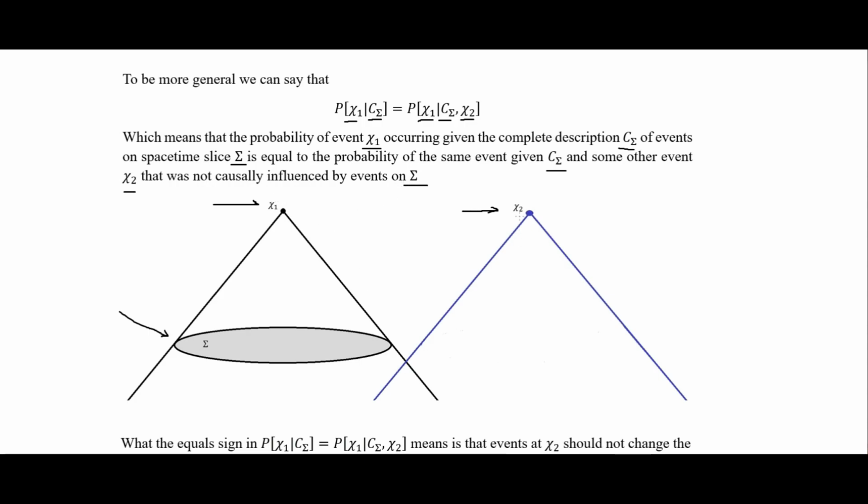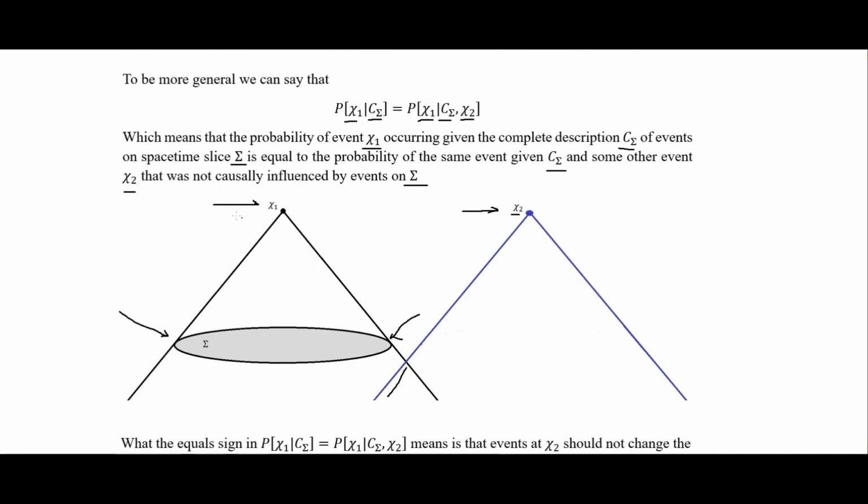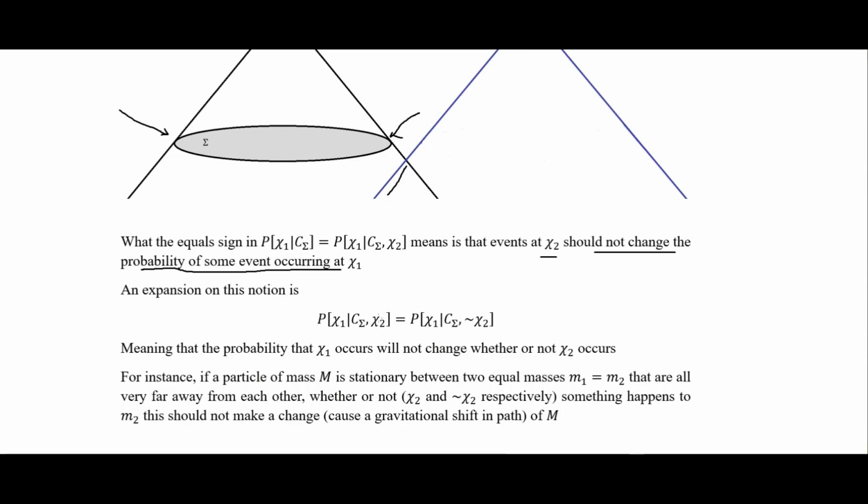So we see the chi2 past light cone is missing this sigma right here. So what the equal sign in this means is that the events at chi2 should not change the probability of some event occurring at chi sub 1 right here, because these are not within each other's light cones here.